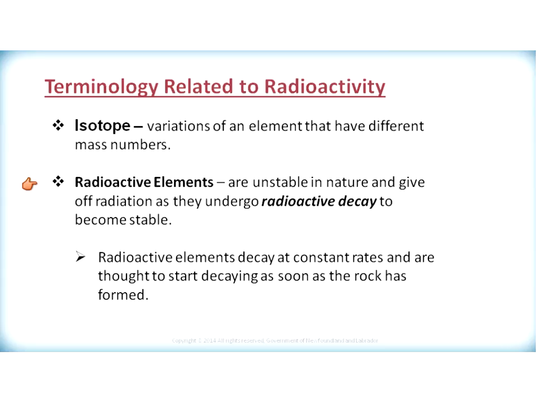Radioactive elements are unstable in nature and give off radiation as they undergo radioactive decay to form stable daughter products. Radioactive elements decay at a constant rate and are thought to start decaying as soon as the rock is formed. This is important when we look at igneous rocks, which do contain a lot of radioactive isotopes.